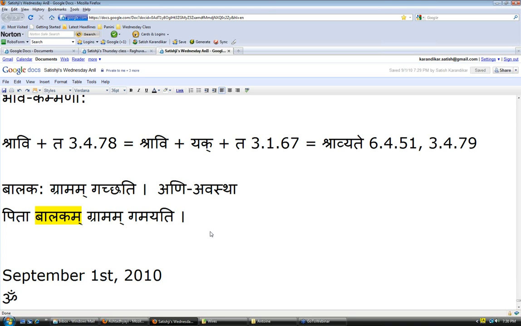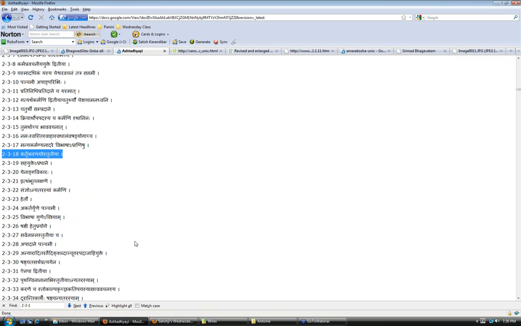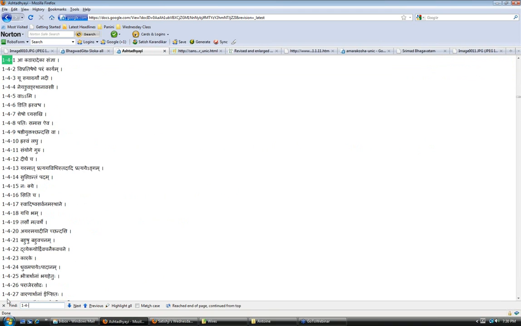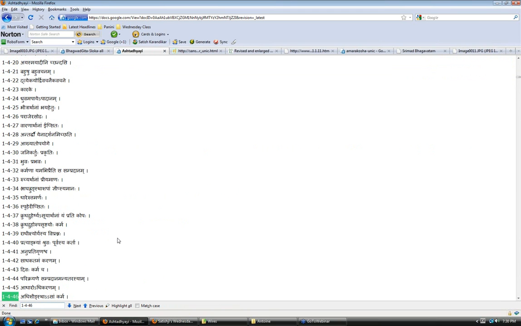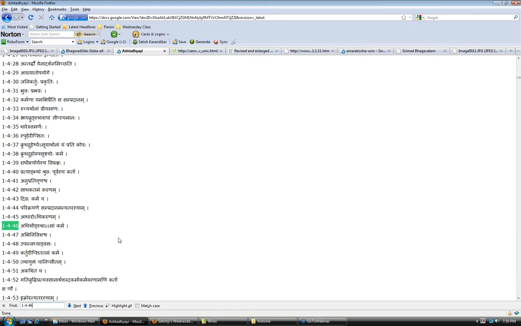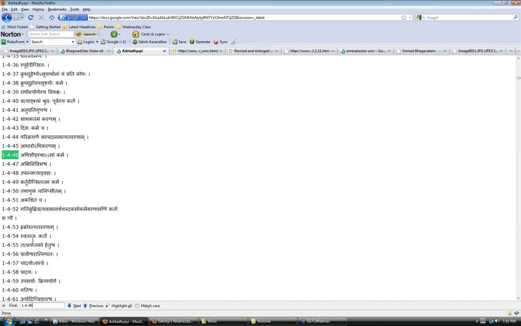They are both karta. Again, why are both karta? Because we saw in 1.4.54, Svatantrah Karta, Tat Prayojako Hetushcha.